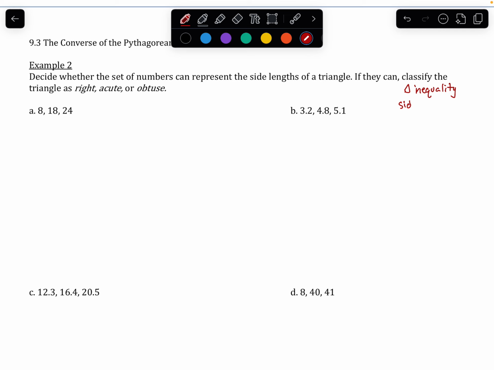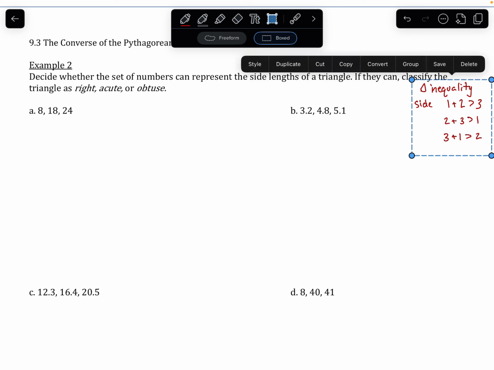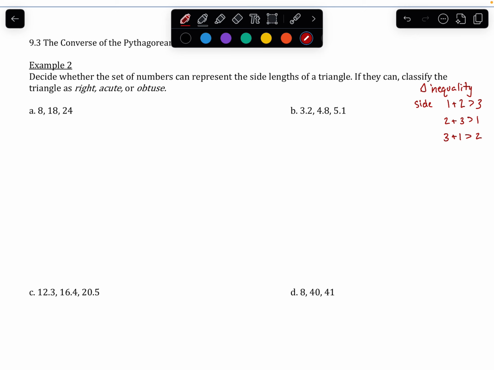So we take side 1 plus 2, and it has to be greater than 3. We take side 2 plus 3, and it has to be greater than 1. And then our last one would be 3 plus 1, and it has to be greater than 2. So that's going to be our first step for all the problems. So I'm going to go through and do that now for all of them.